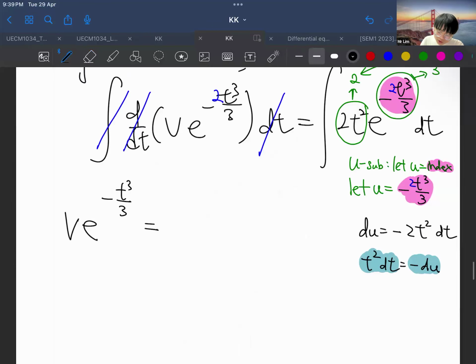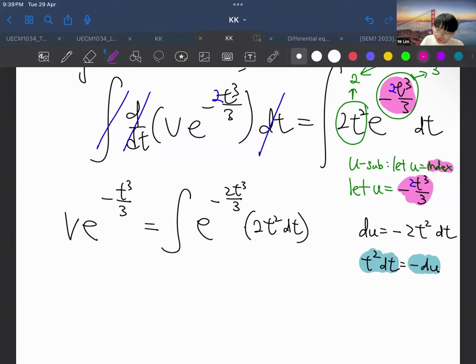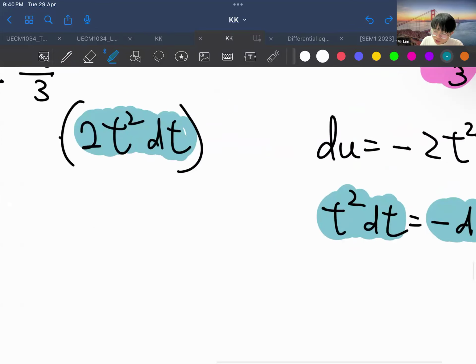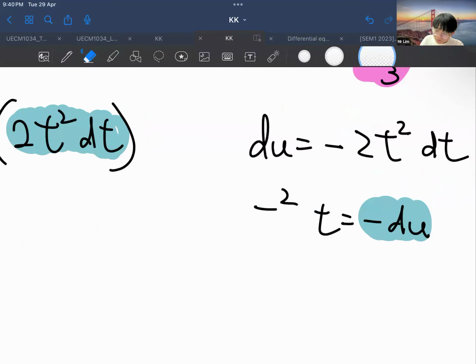The integration, let me just put e to the 2t cubed over 3 multiplied by 2t squared dt, where 2t squared dt all together I'm going to replace by this particular part. Just now from negative 2t squared dt, bring the negative. So here I only have this one equal to negative du.